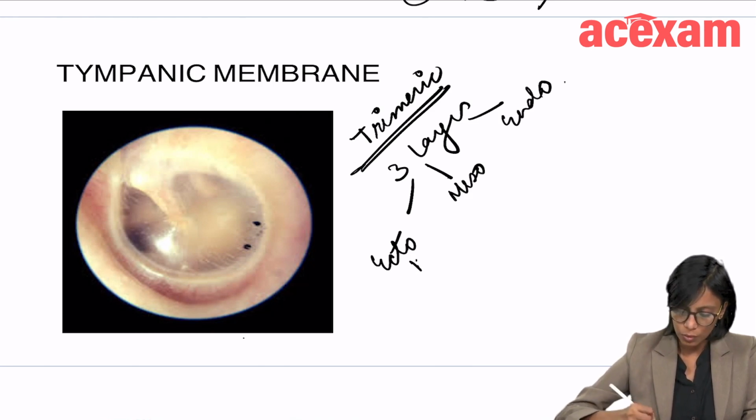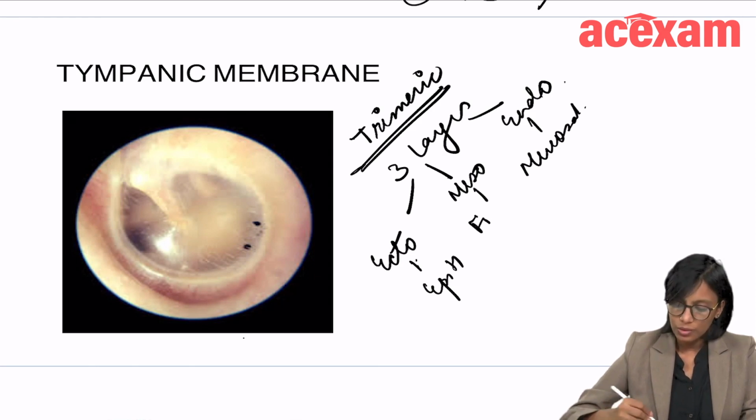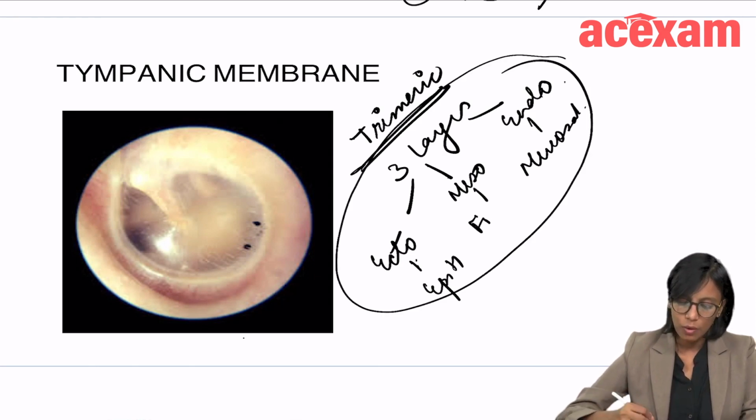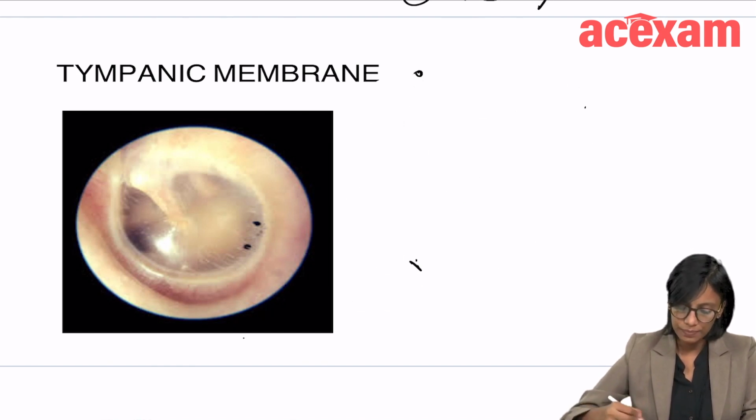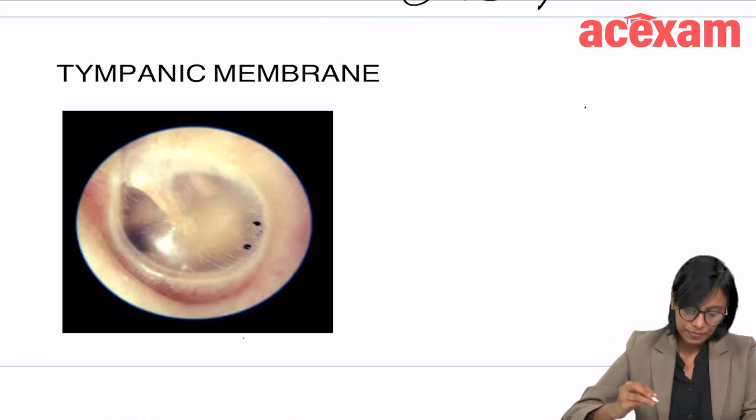This is known as the epithelium, this is the fibrous layer and this is the mucosal layer. So all 3 layers are there in the tympanic membrane. Right. So let's study the parts of the tympanic membrane. What are the parts of the tympanic membrane?